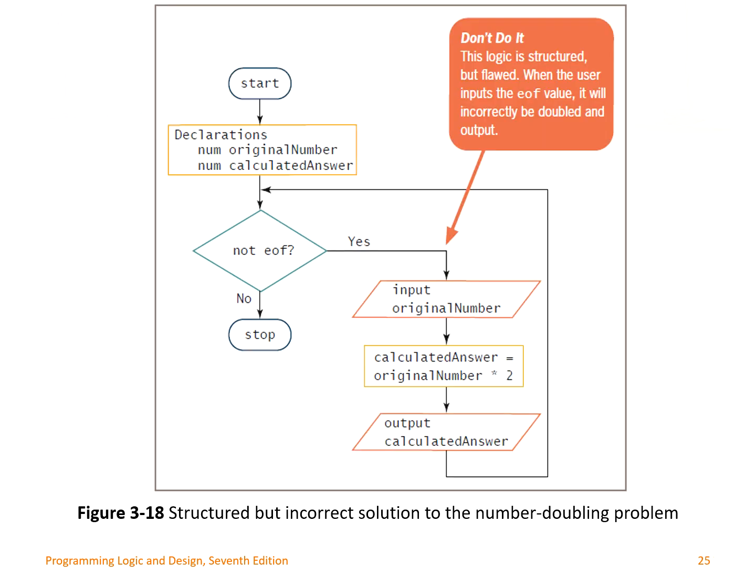For 3-18, structured but incorrect solution to the number doubling problem. Don't do this because this logic is structured but flawed. When the user inputs the end of file value, it will incorrectly be doubled and output. That's why it's incorrect.